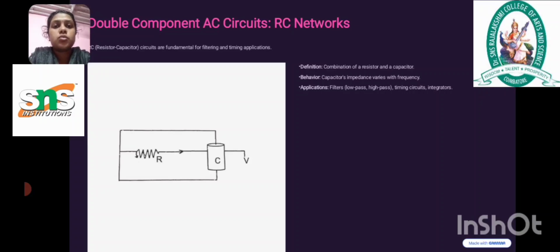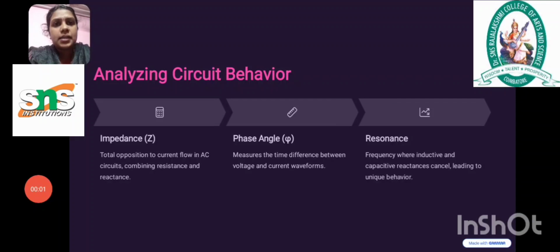So we use the applications of filters, low pass, high pass, and timing circuits and integrators. And then analyzing the circuit behavior, there are impedance, phase angle, and resonance. So what is meant by impedance? Impedance is denoted by the letter Z. It is the total opposition to current flow in AC circuits, combining resistance and reactance.